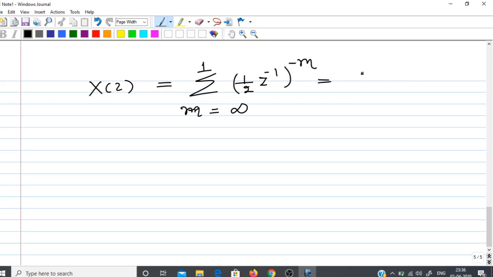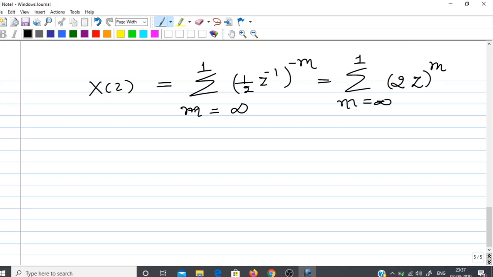Now I can take this minus sign inside. Then what I shall get is the summation over m from plus infinity to 1, where half inverse becomes 2, and this becomes z to the power m.